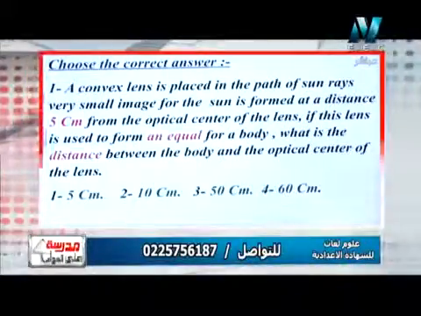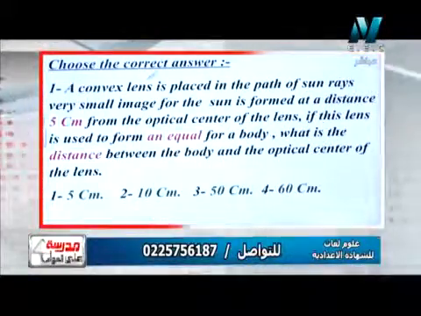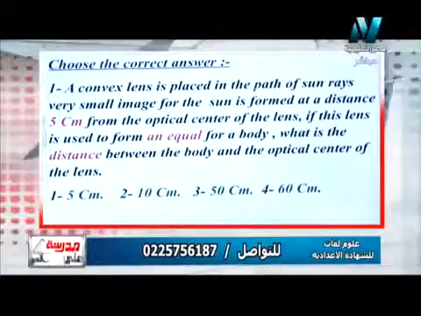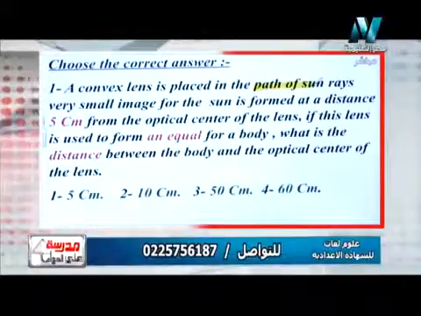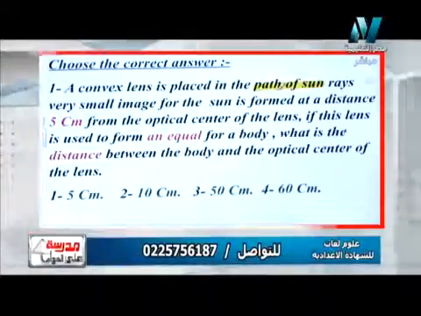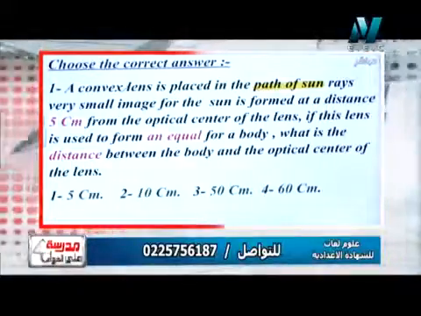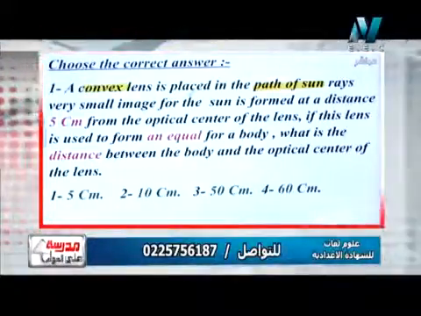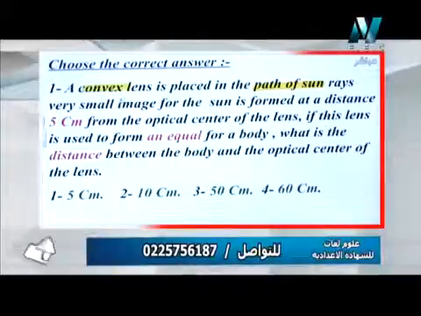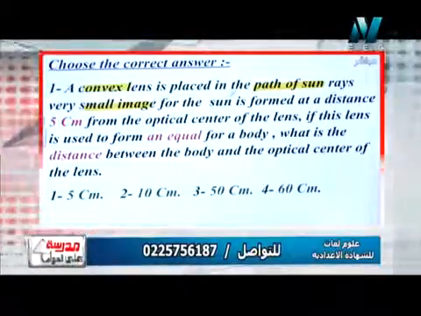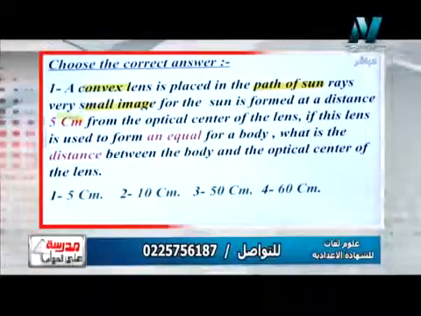Here we have number 1. Convex lens is placed in the path of sun rays. Pay attention, in path of sun rays. So here we have a very far object in front of convex lens. So a very small image as a dot is formed for the sun at the distance equal 5 centimeters.